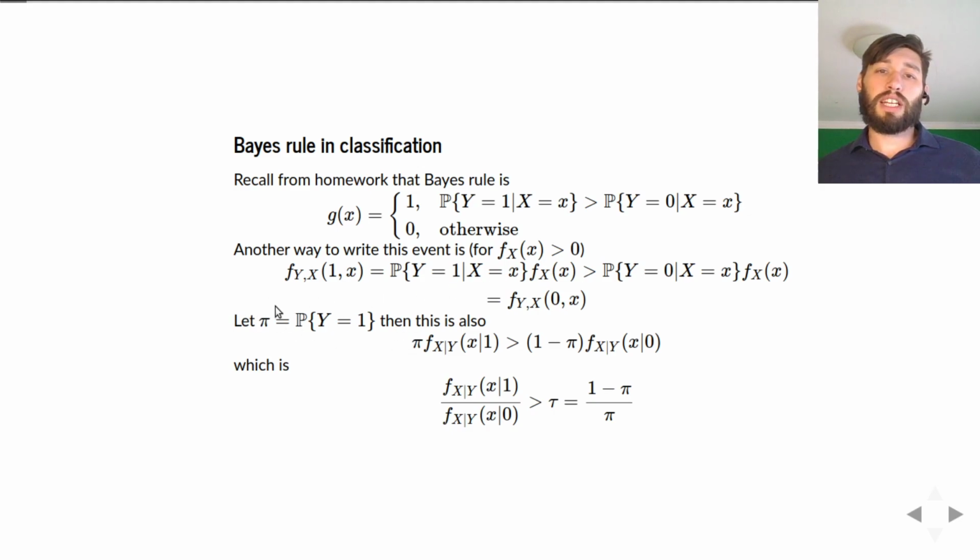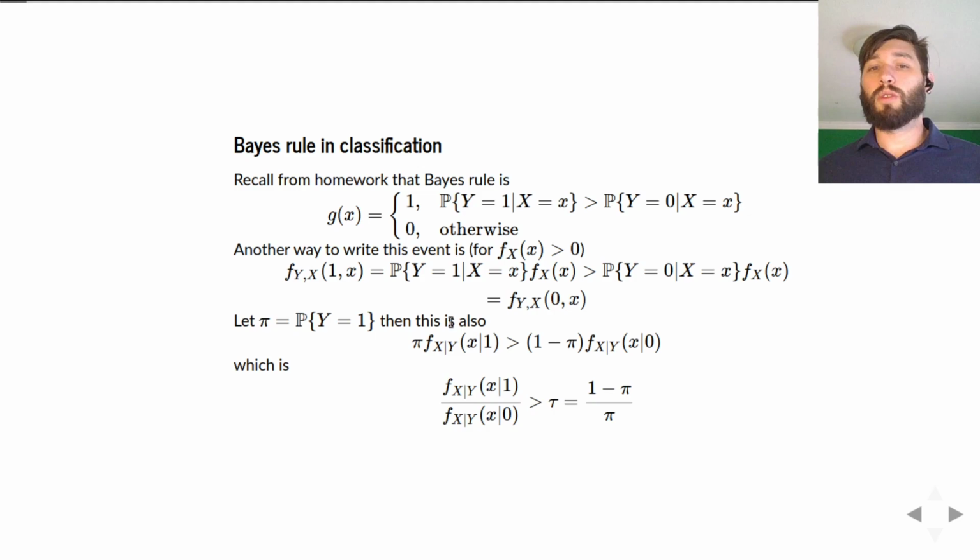So if we let pi equal the marginal probability of y equaling 1, then using Bayes rule, or just the definition of the conditional density, this joint distribution can be written as the conditional of x given y times the marginal of y, and that's pi times f sub x given y, right?